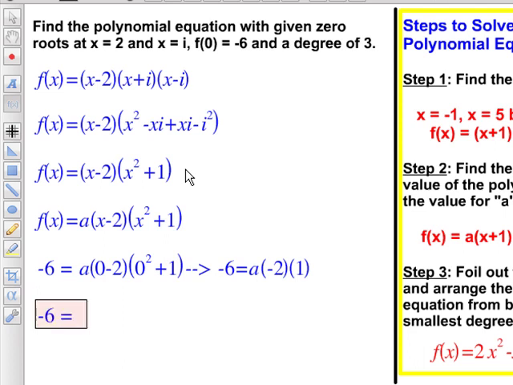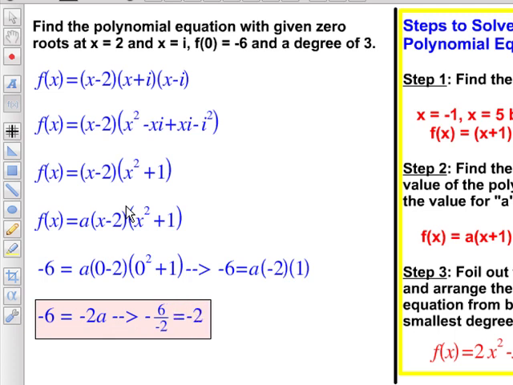Now this will become -6 equals -2a. To solve for a, we have to divide both sides by -2, so we get -6 over -2, which equals -2a over -2. Therefore, a is going to end up becoming +3.